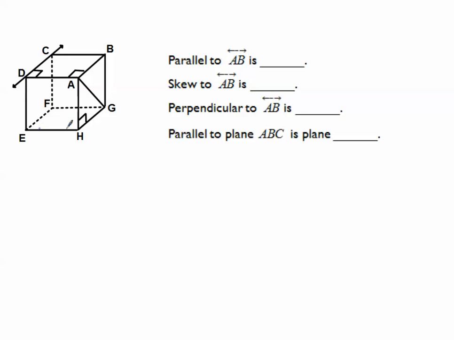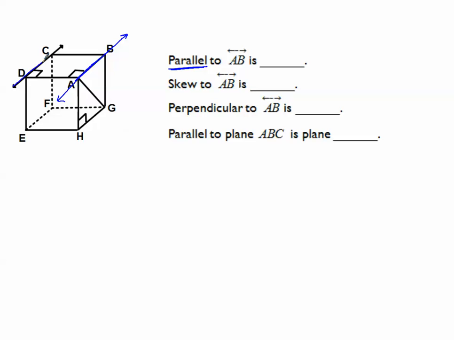If we take a look at this drawing right here, think of this as a three-dimensional box or perhaps a cube. Think of it as a box. Parallel lines, such as a line that is parallel to line AB. So here's the side of the edge of the box that's AB. If I extend that like this, I'm looking for a line that does not intersect but is in the same plane.